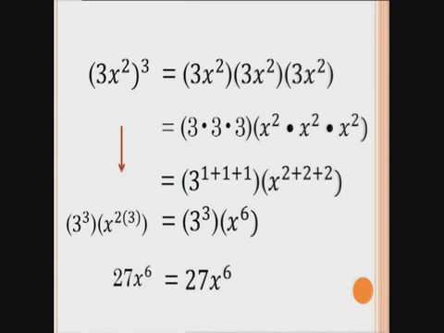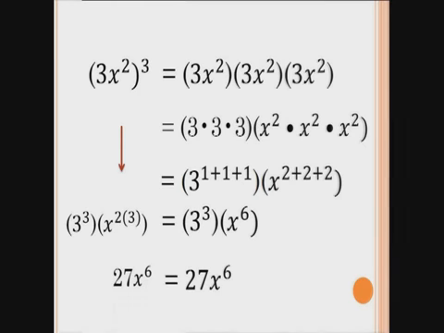That is 3 times 3 times 3 times x squared times x squared times x squared. Then, because they have the same base, and we know that 3 has an exponent of 1, we can add the exponents: 3 to the power of 1 plus 1 plus 1, times x to the power of 2 plus 2 plus 2. This will result to 3 to the power of 3 times x to the power of 6, and that is 27x to the power of 6.